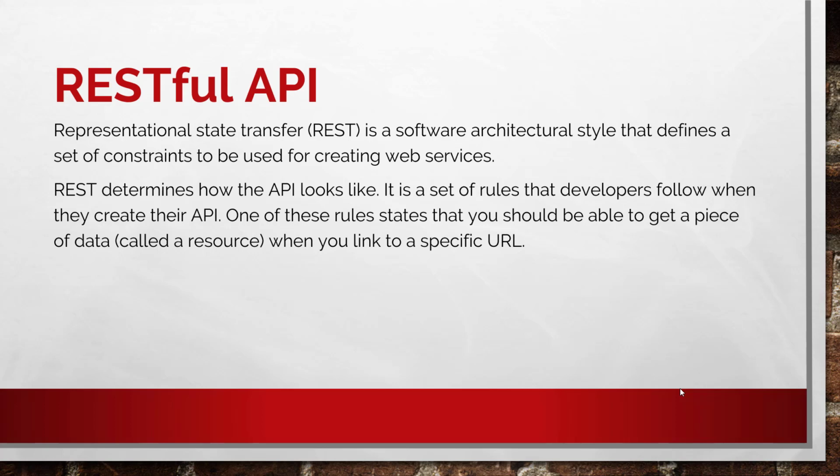One of these rules states that you should be able to get a piece of data called a resource when you link to a specific URL. You should be able to get data, like when you say, okay, I want to do a get method, I want to do a put method, for instance. I have to get a response back from the server.